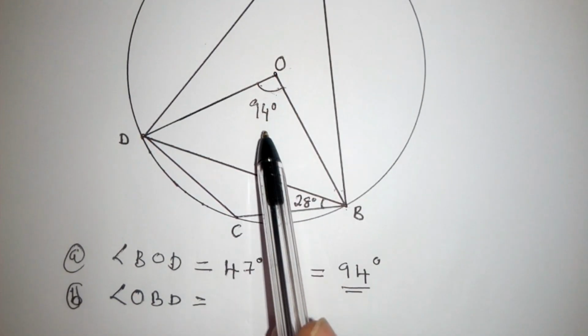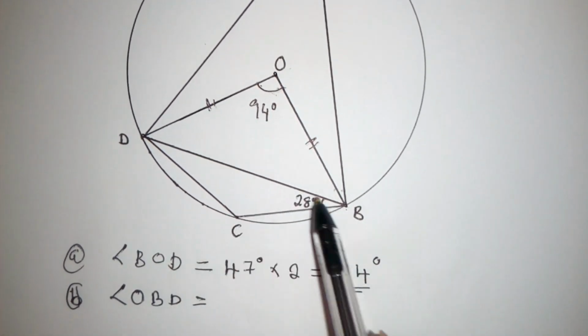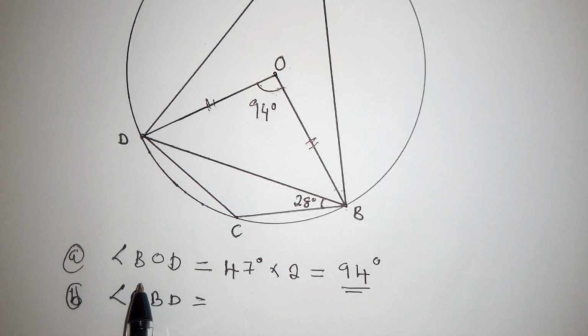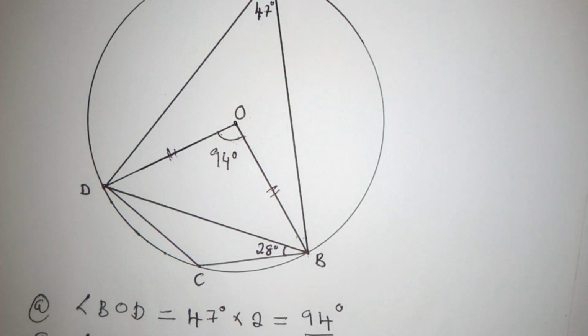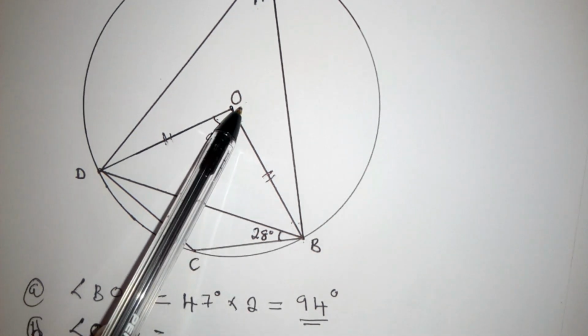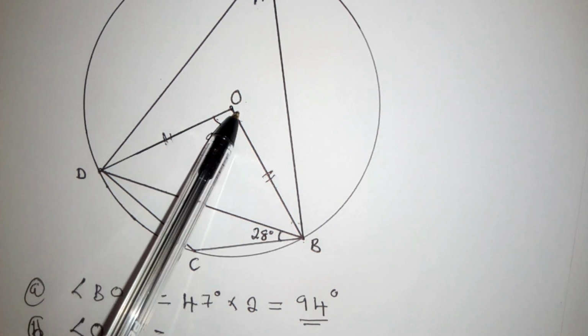And in an isosceles triangle, two sides are equal. So this side and this side are the same. How do we know these two sides are equal? It is because the radius is coming from the circumference and goes to the center. Even this one from the circumference to the center.